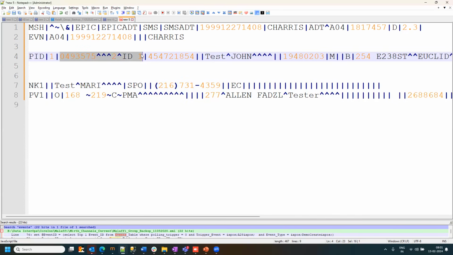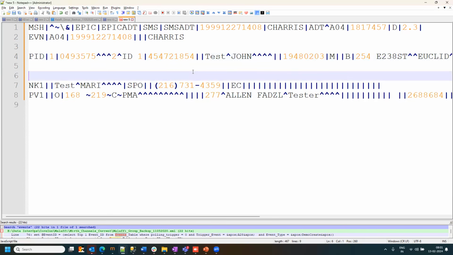This is a second data element. This is another data element. This is another data element which is blank, and this is another data element. So whatever is present between two pipes is called a field. So this is one field. This is another field. This is another field, and so on.